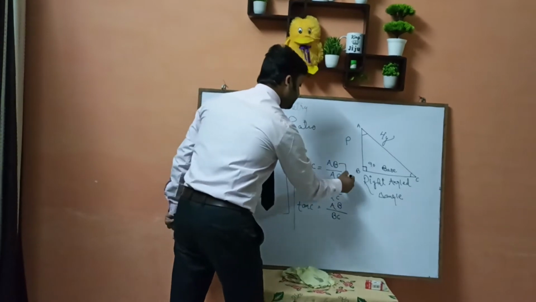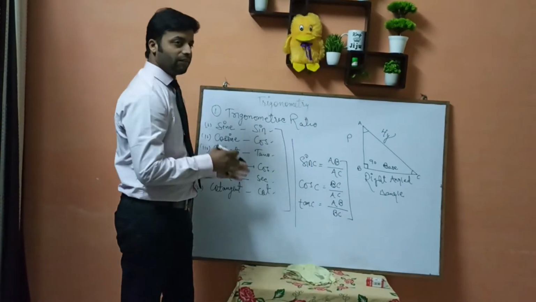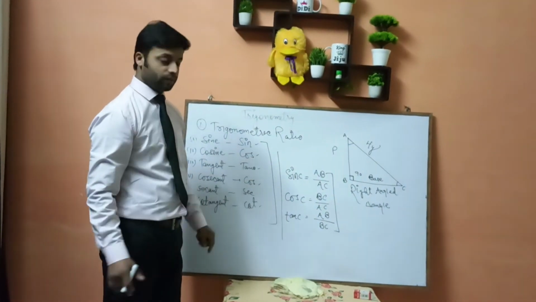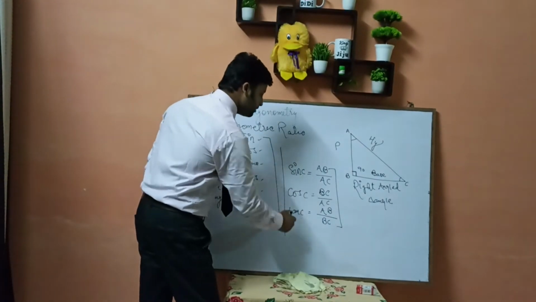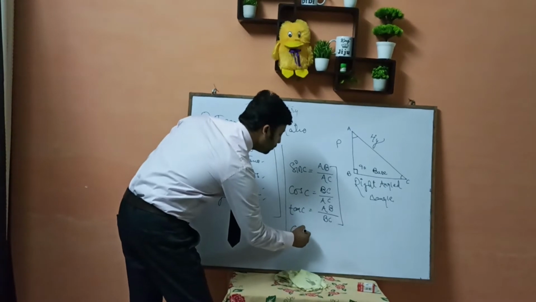These three are the main values. The rest of the three values will be taken out by the reciprocal of these three trigonometric ratios, as sine is a reciprocal of cosec.